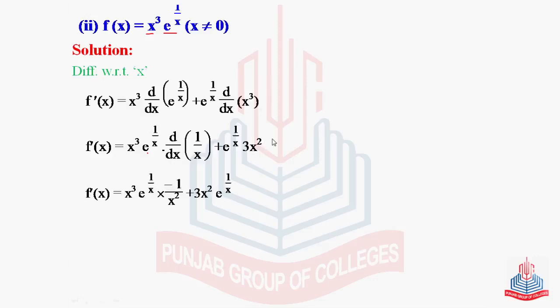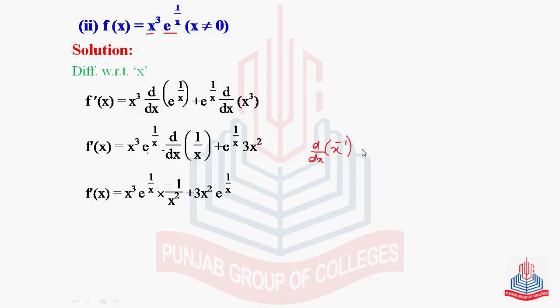Now simplifying this, f prime of x will be x cube e raised to the power 1 over x into the derivative of 1 over x, which is just minus 1 over x square, a simple algebraic function. You can also differentiate it by writing d by dx of 1 over x as x raised to the power minus 1.